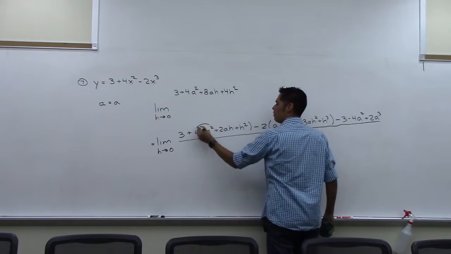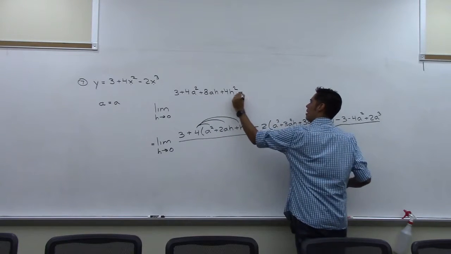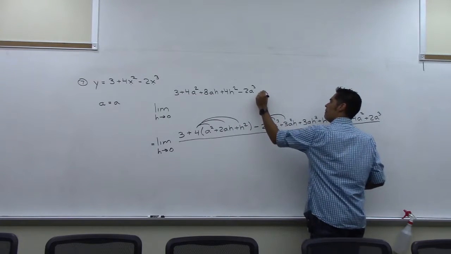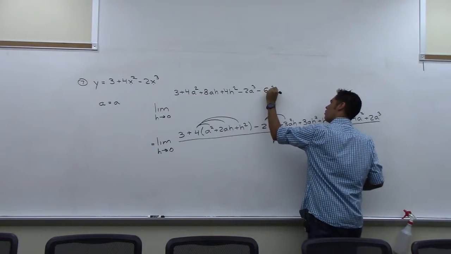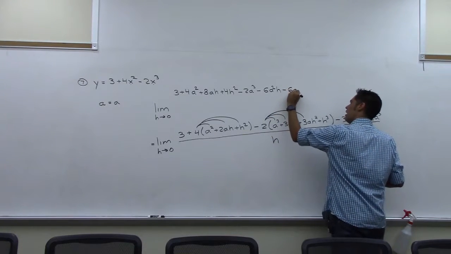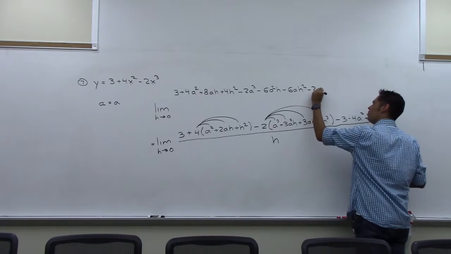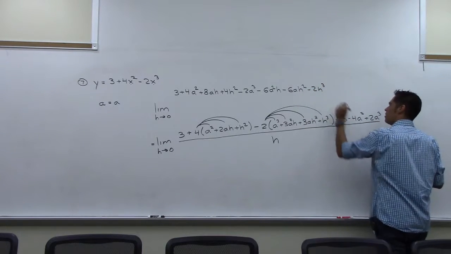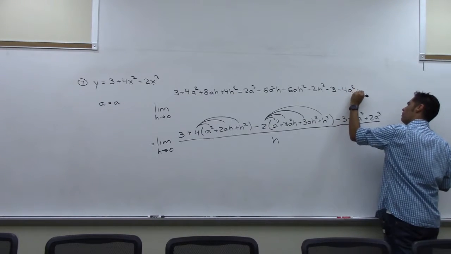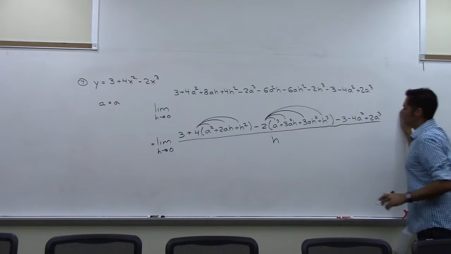So just distribute the 4 through here. Then distribute a negative 2 through. Minus 2a cubed, that's this, minus 6a squared h, here to here, minus 6ah squared, here to here, minus 2h cubed, and we still have minus 3 minus 4a squared plus 2a cubed, this entire thing over h.